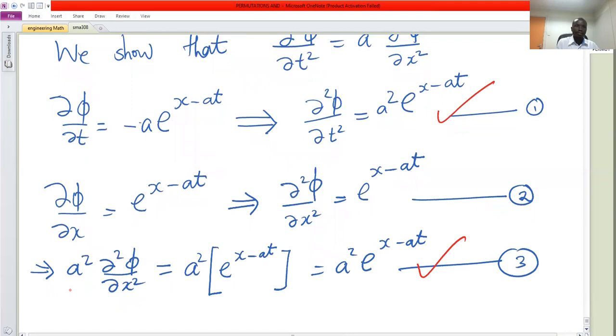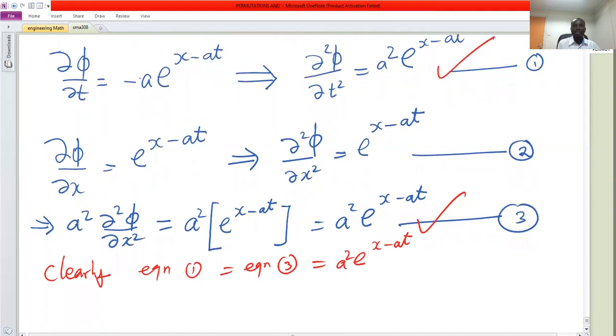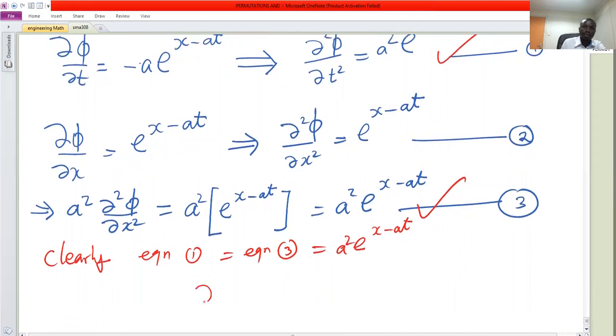So clearly, equation 1 equals equation 3 equals a squared e raised to the power x minus at. Therefore, the function satisfies the wave equation given by partial squared phi partial t squared equals a squared partial squared phi partial x squared.